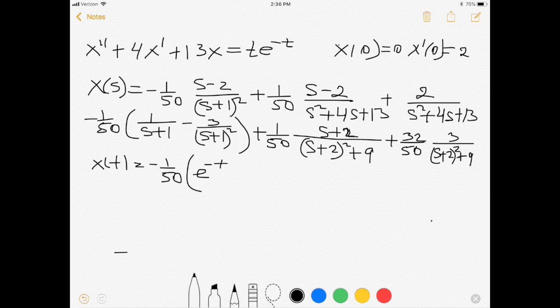Then 3 over s plus 1 squared. Because it's squared, we have 3t, so this means minus 3t e to the negative t. Okay. Here is plus 1 over 50.